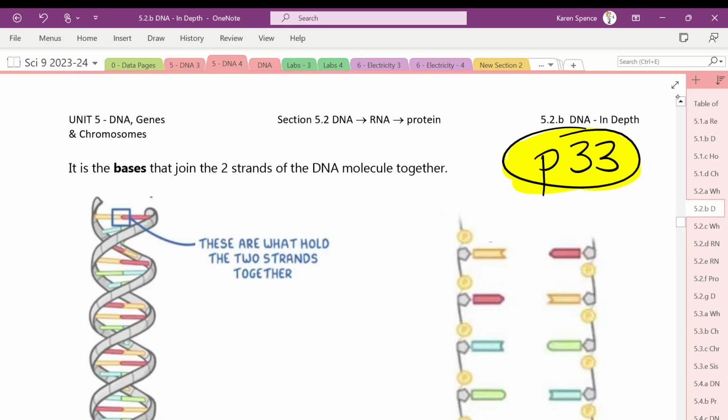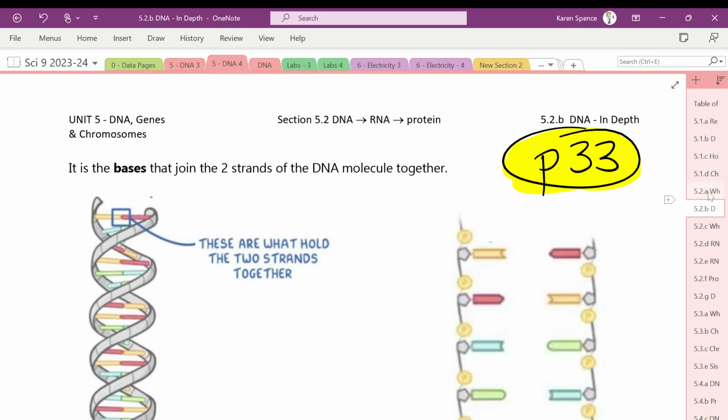Okay, I realized yesterday that not everybody understood what I meant when I said collect words for your cheat sheet. So I'm going to give you an example of how you're going to collect words. You can stay on page 33 if you want to.